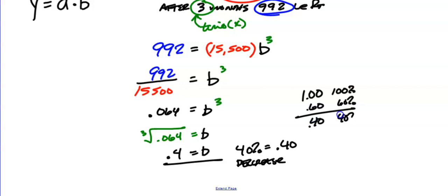And that's what our b is. So b here is 0.40, which is a decrease of 60%. So it goes down by 60% each month as it gets closer.